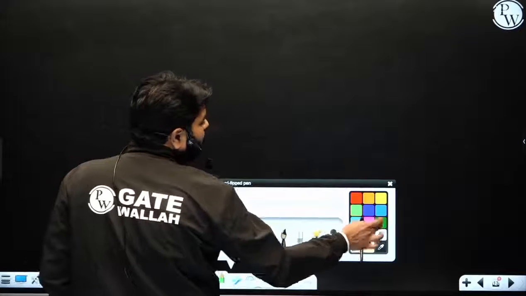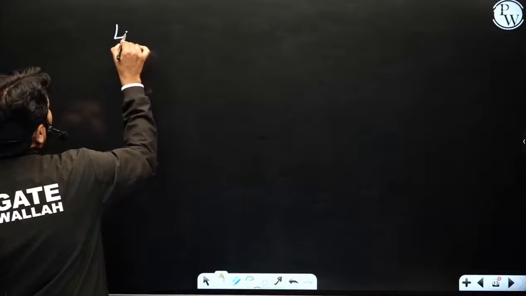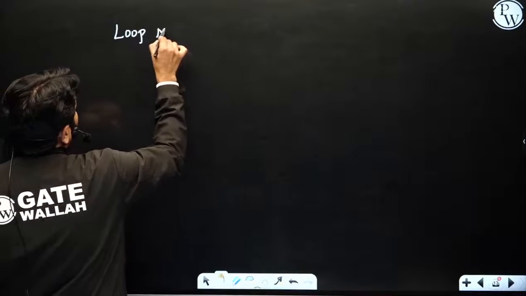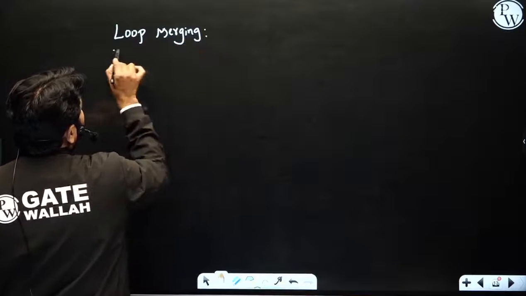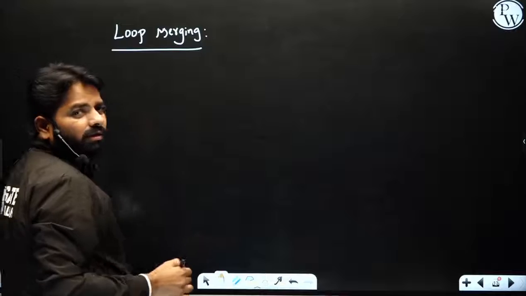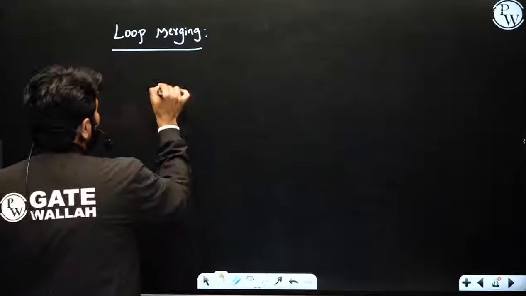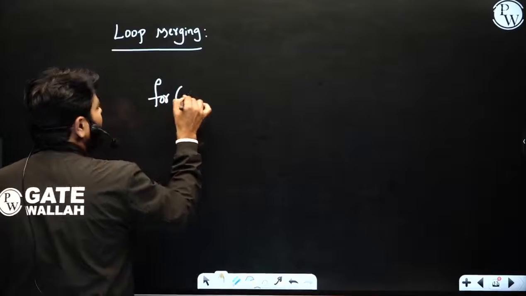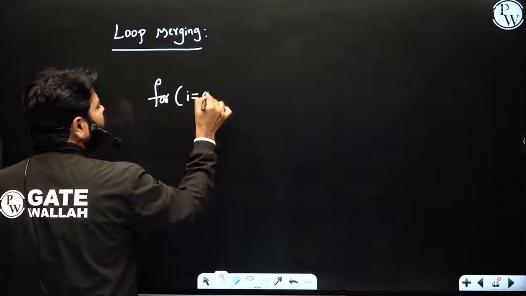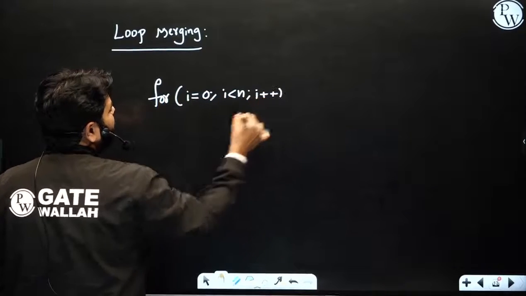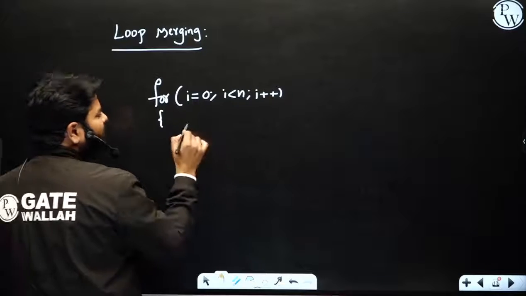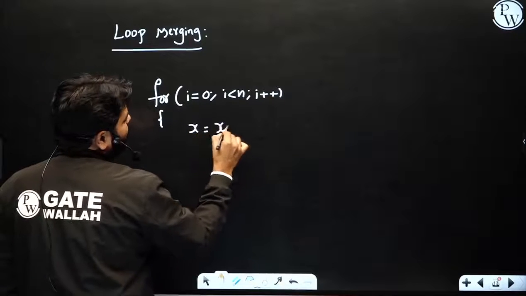Now, loop combining or loop merging. Why do you want to merge the 2 loops, or why do you want to combine them? Because see this code: for i is equal to, let's say, 0, i less than n, i increment. You are doing, let's say, the previous kind of x is equal to x plus 10.